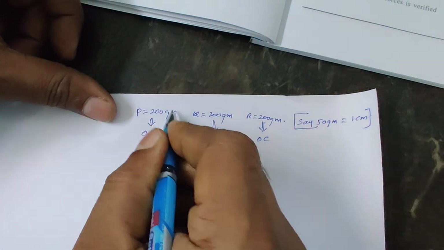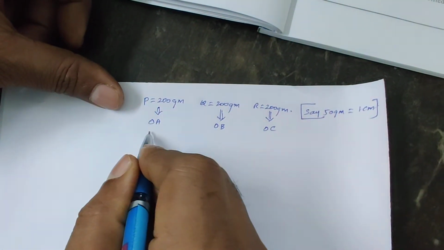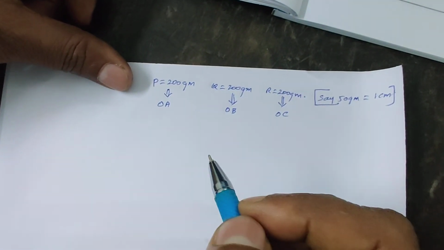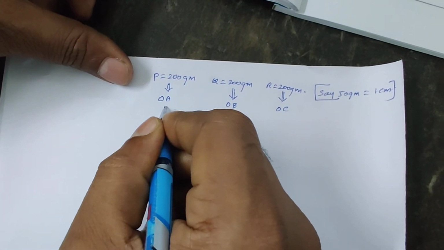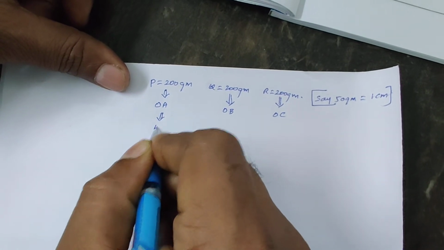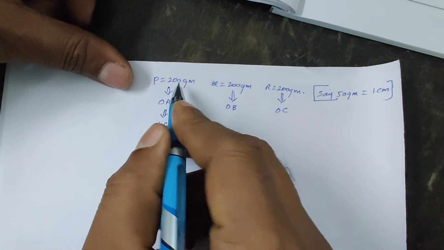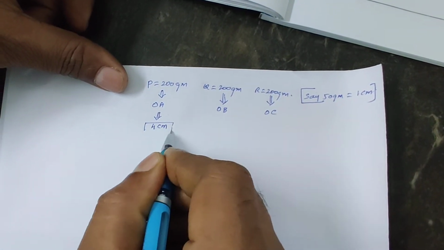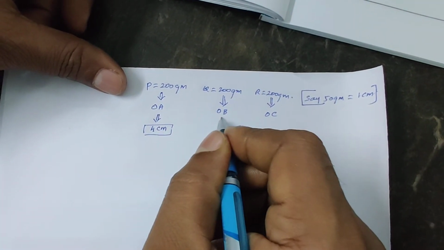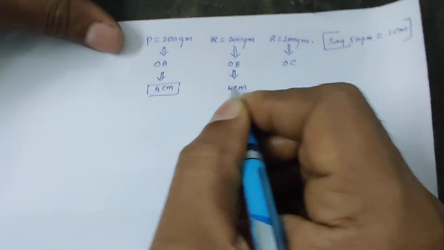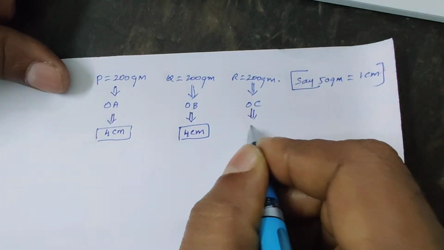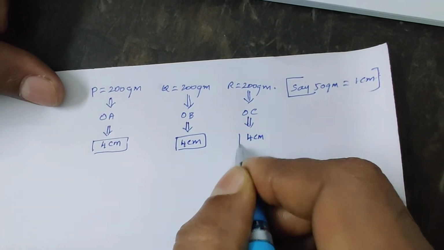So 200 grams, converted as distance, with 50 grams equal to 1 centimeter, will be 4 centimeter. 200 by 50, we get 4 centimeter. So OA equal to 4 centimeter. Similarly OB is also equal to 4 centimeter, and OC is also equal to 4 centimeter.